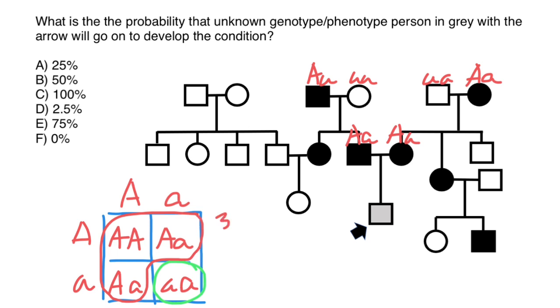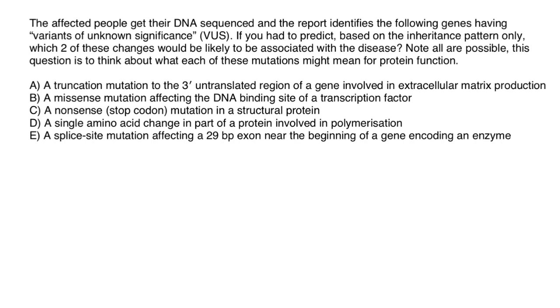So 3/4 of the children of this couple are going to be affected, and 1/4 is going to be unaffected. So we have found that the probability for the child shown here with the arrow in gray to develop this genetic disorder is going to be 75%.